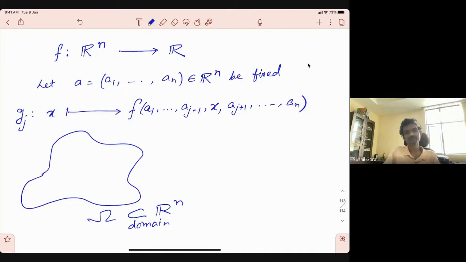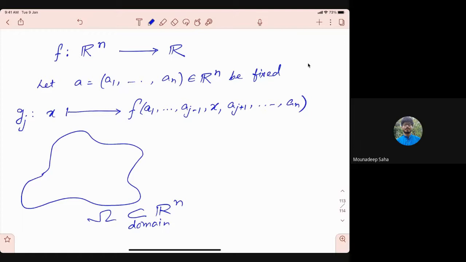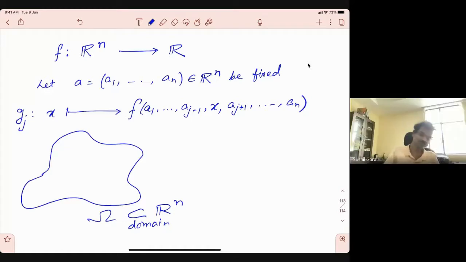So what will be the domain of gj? Of course, here it is the whole of R, but suppose f is defined on omega.